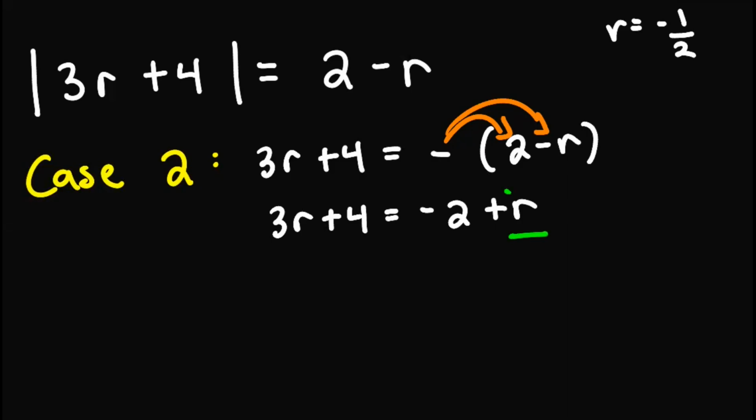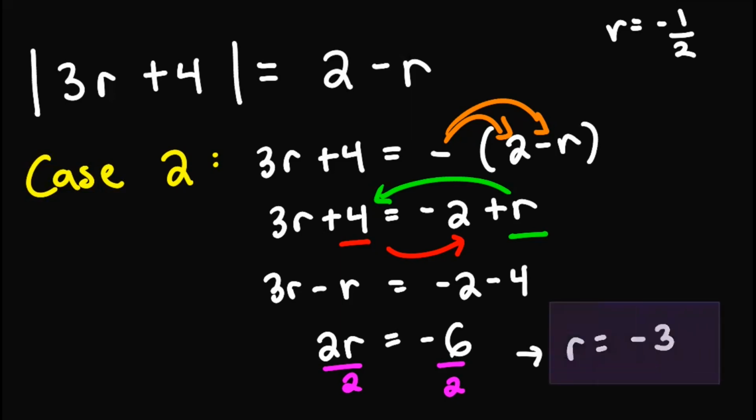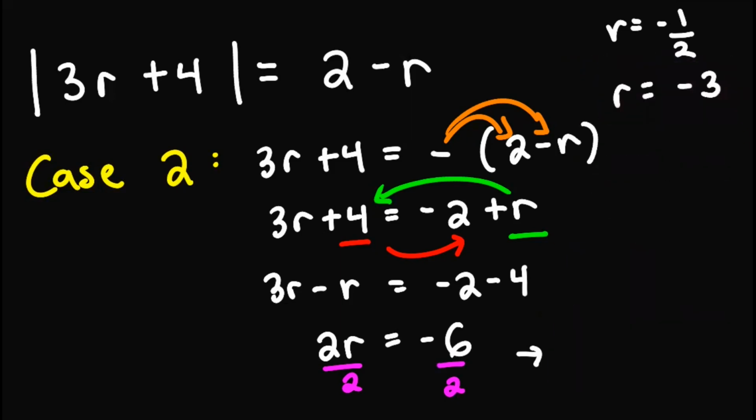So we move this r to the left side of the equation, and we move this 4 to the right side of the equation. So we've got 3r minus r equals negative 2 minus 4. Simplifying, we have 2r equals negative 6. Lastly, we divide by 2 on both sides to obtain r is equal to negative 6 over 2, which is simply negative 3. So we have these two values out here.